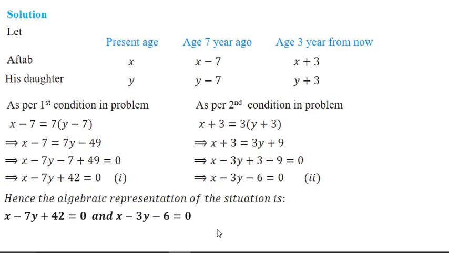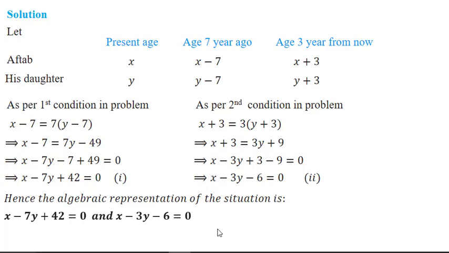Have you understood what we have done here? We have assumed their ages as x and y and we have represented the conditions given in the problem as equations. So two conditions are given, we got two equations. That is, we have represented this situation algebraically with a pair of linear equations.